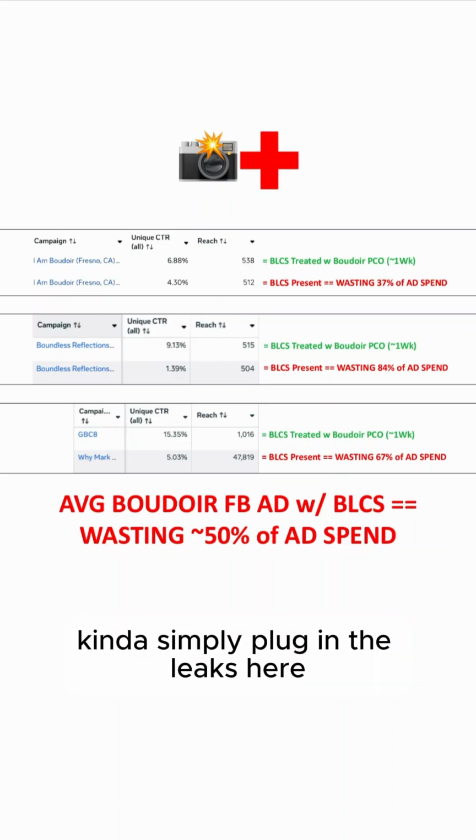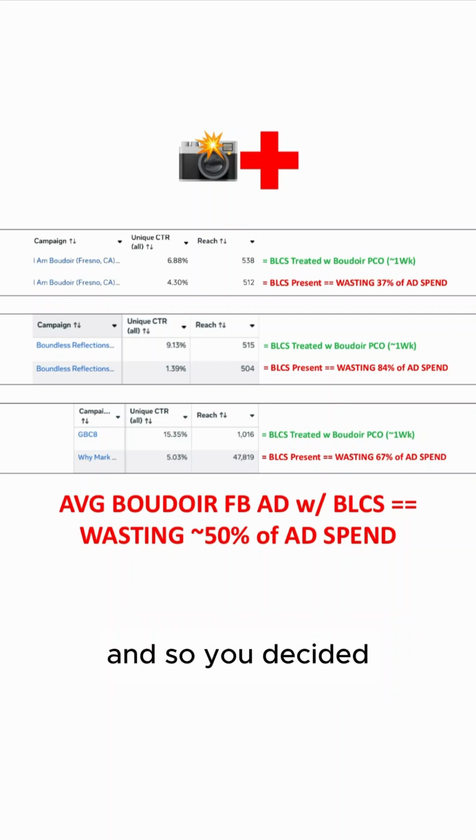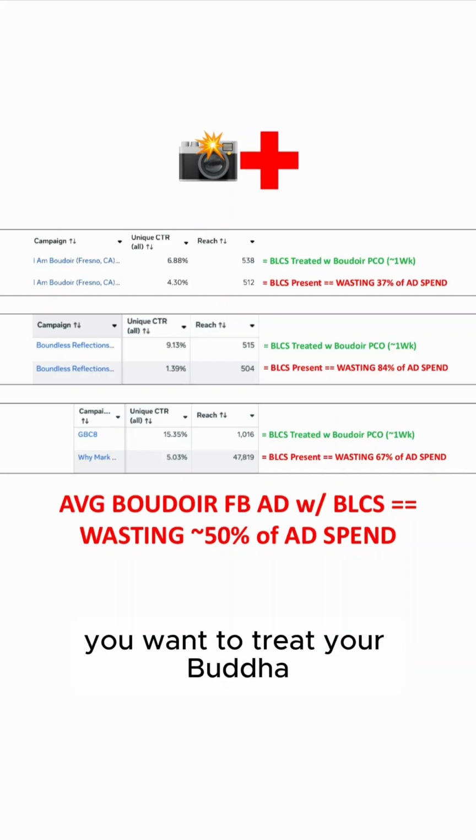Simply plug in the leaks here with Boudoir Pico treatment. And so you decided you want to treat your Boudoir Facebook ads with Boudoir Pico so you can achieve pre-click alignment, become a dominant Boudoir advertiser, and achieve Boudoir brain entry boost.